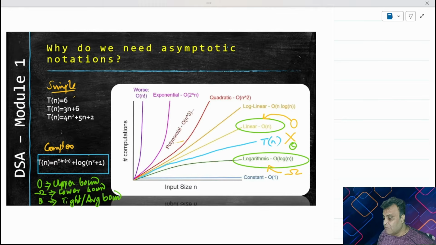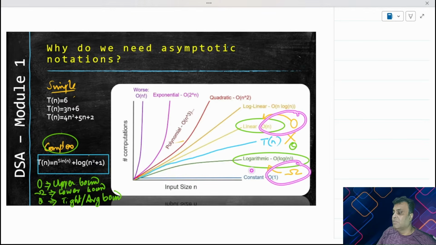And what do these help us in? These help us in case our time calculated is complex in nature, then I cannot represent my Tn as a standard complexity class. So there will be a big O which will be defining the upper bound of my algorithm, and there will be an omega which will be defining the lower bound of my algorithm, so that others can know what is the maximum and minimum amount of time that they can expect out of my algorithm.